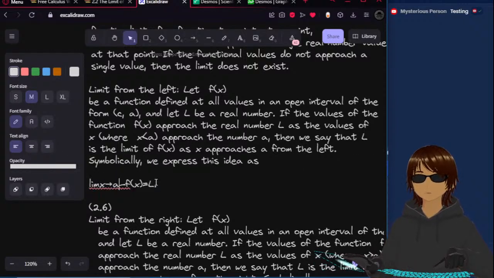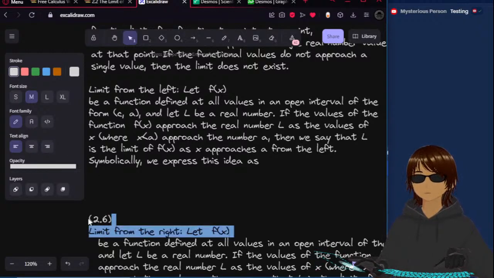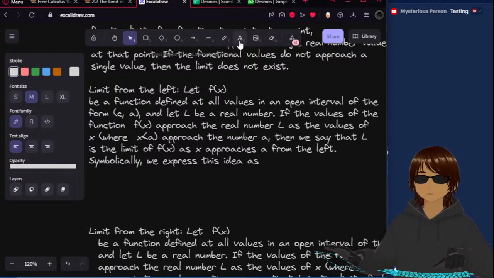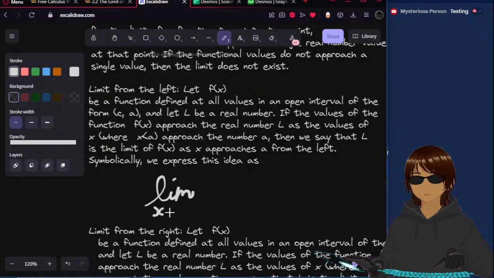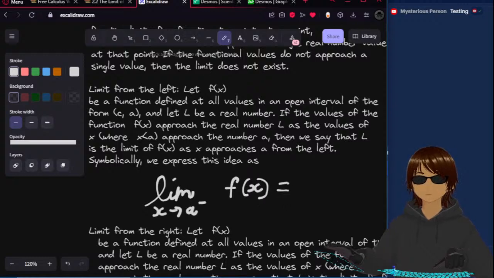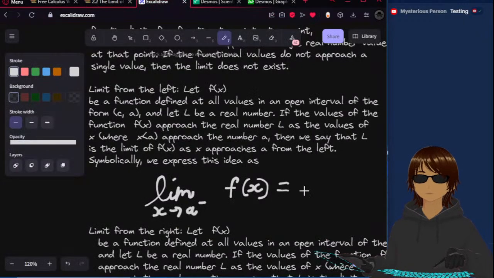I will write it. Symbolically, limit as x approaches A from the negative side.